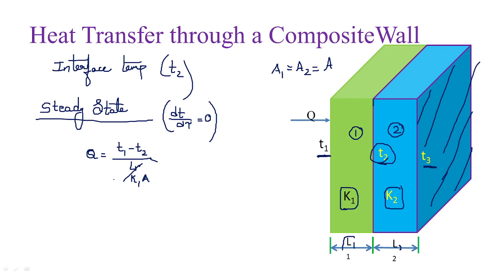For the second wall, can we take heat transfer Q is equal to T2 minus T3 by L2 by K2A? Now, can I write this expression like this: T1 minus T2 is equal to Q into L1 by K1A?